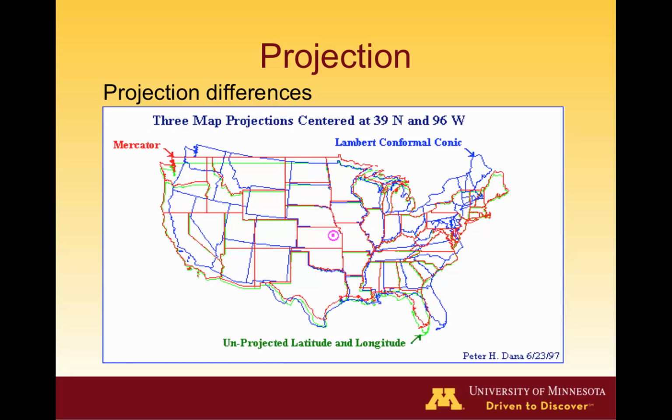So in this sense, we know that all projections have some kind of distortion from the real 3D space. But the Mercator tends to be the better projection with less distortion in this picture.